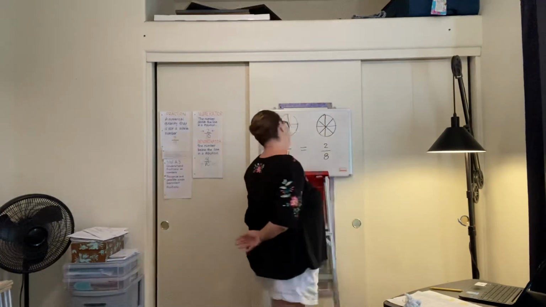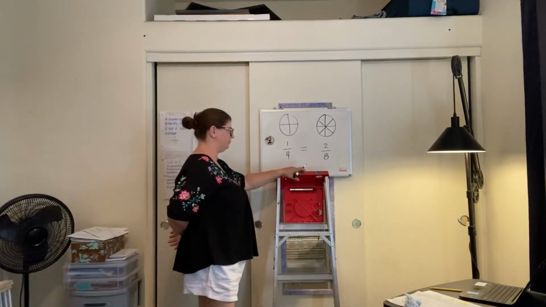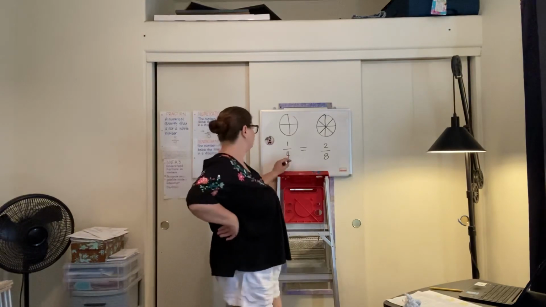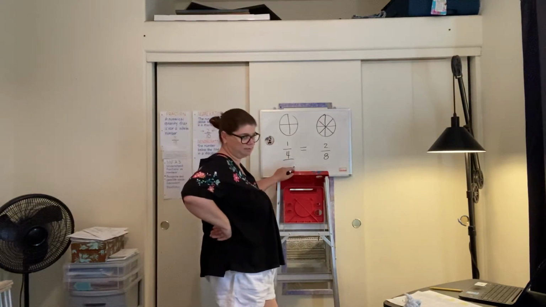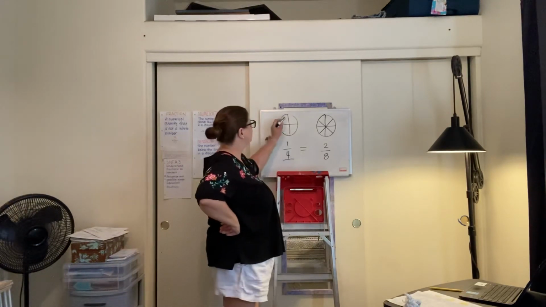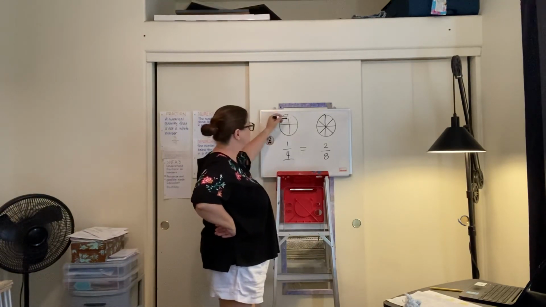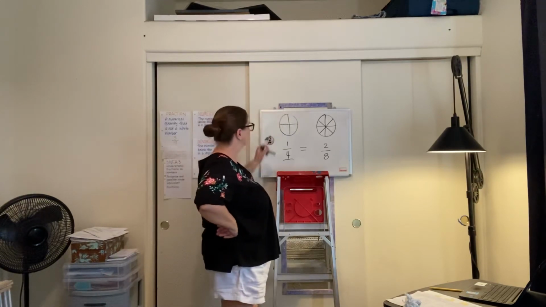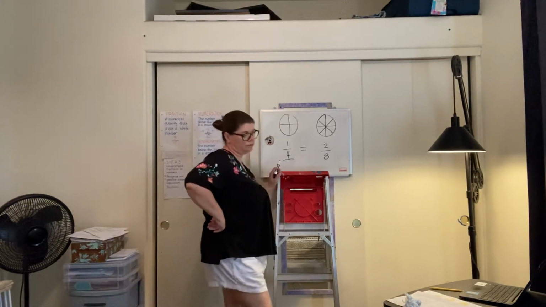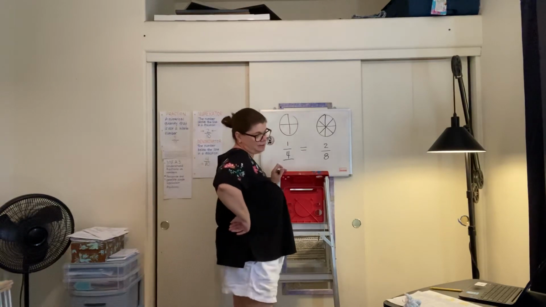Okay, so 1/4. Okay, 4 represents what? Briella. Right, the total amount of parts we have. So we have 1, 2, 3, 4. 4 parts make up this whole entire circle. Okay, what does the 1 represent, Richard?